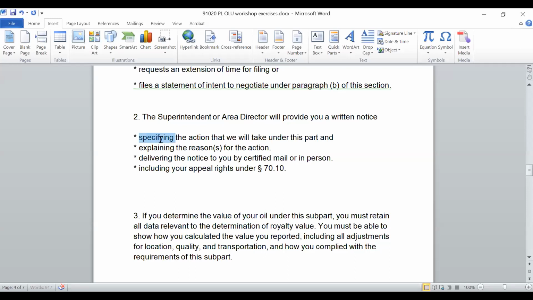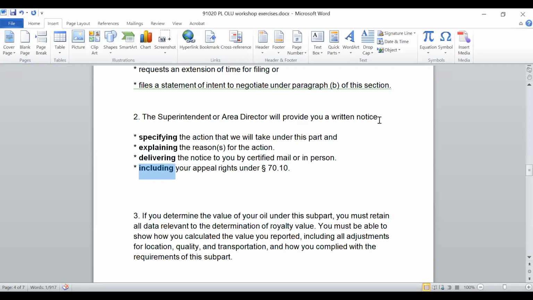We've got specifying, we've got explaining, we've got delivering, we've got the including. So what things is the written notice going to do? It's going to be specifying, it's going to be explaining, and it's going to be including, but it is not going to be delivering. That is not going to fit.